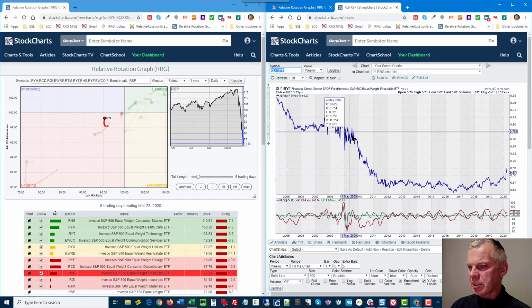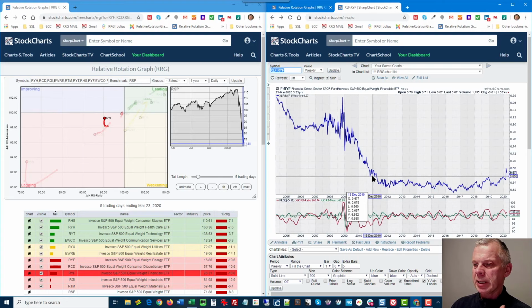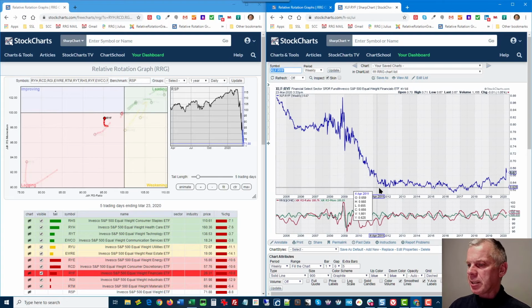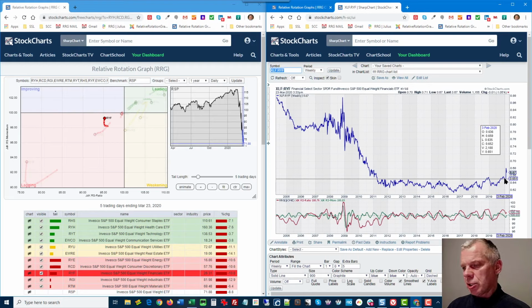We had this massive decline, which means equal weight was outperforming cap weighted. Then since 2012, it's been in a trading range, and very, very recently, the ratio is breaking out, which means that this suggests that the cap weighted ETF is going to outperform the equal weight ETF.